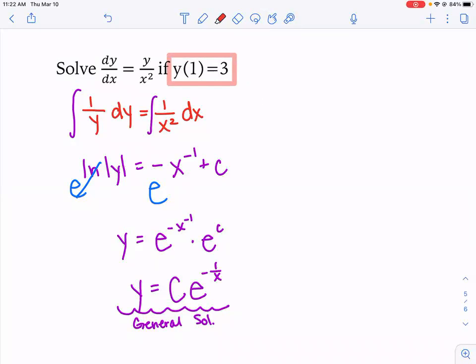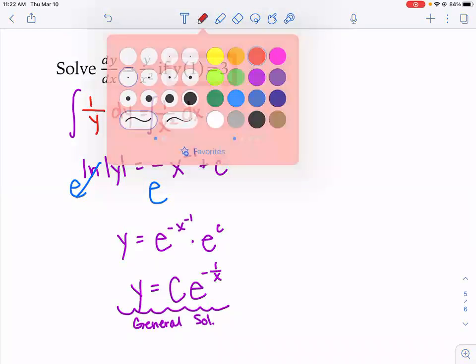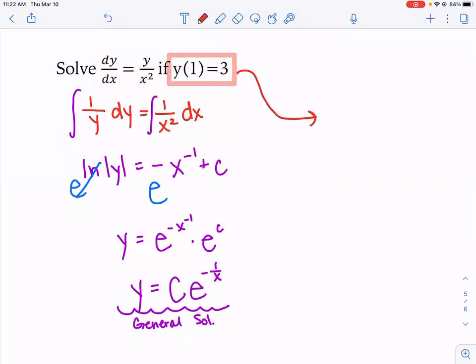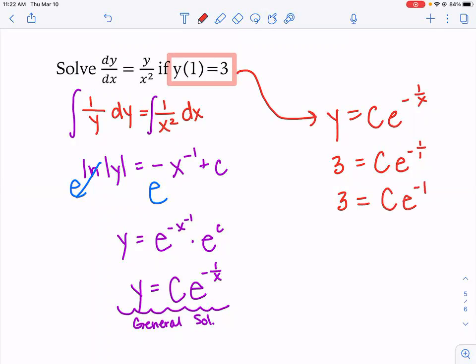For our particular solution, we are going to take y equals c e to the negative 1 over x, and we are going to plug in 3 for y and 1 for x. So we have 3 equals c e to the negative 1.